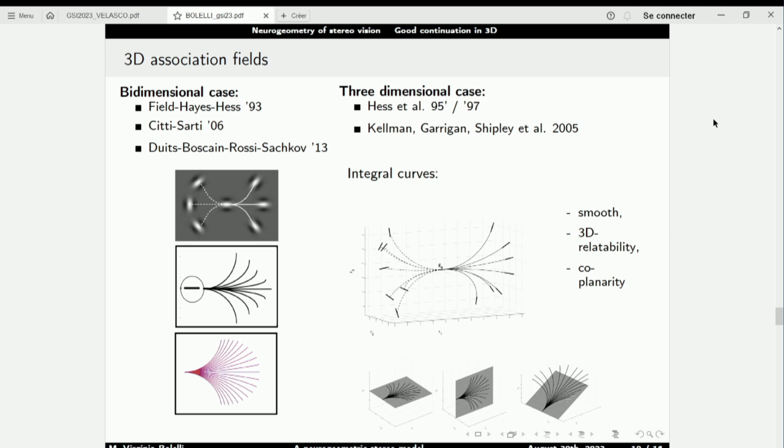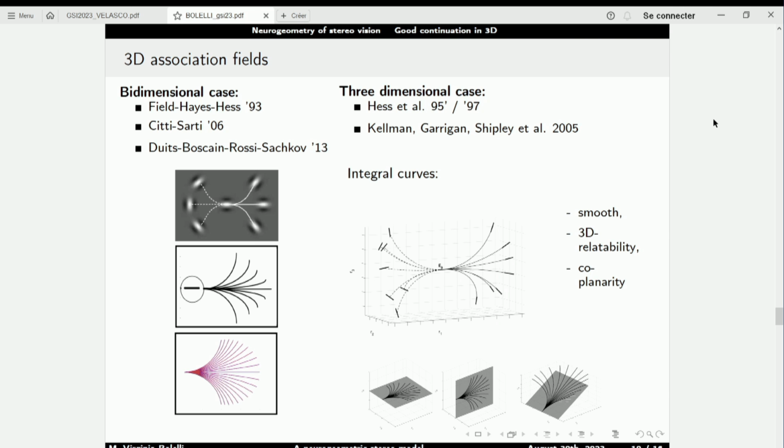This is basically a pattern that describes if two elements can be seen as belonging to the same perceptual unit in terms of position and orientation. In particular, they found that the correlation between oriented elements was stronger if these were aligned or co-circular, and they proposed a set of curves to model this association, curves that are formalized, for example, by the sub-Riemannian integral curves of the model proposed by Citti and Sarti, or another model, which we have already seen, is to consider geodesics of the same sub-Riemannian structure.